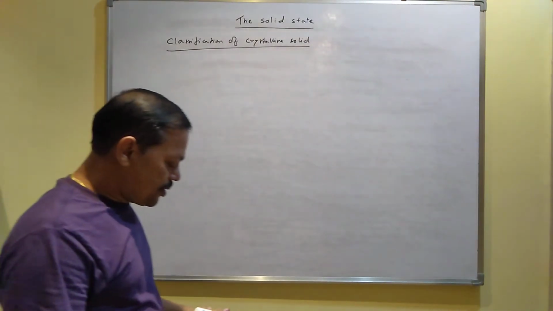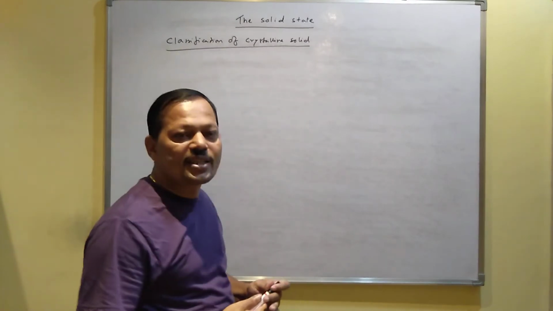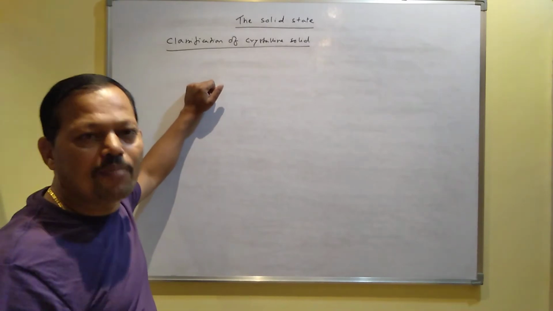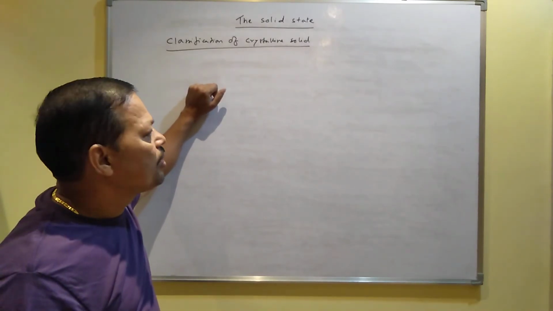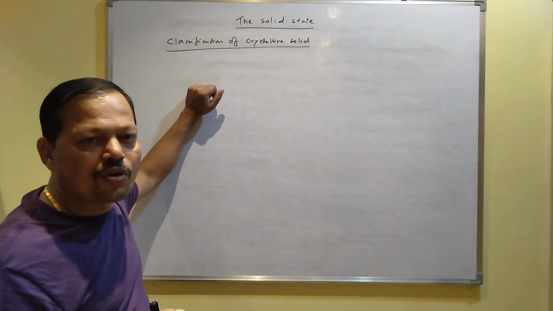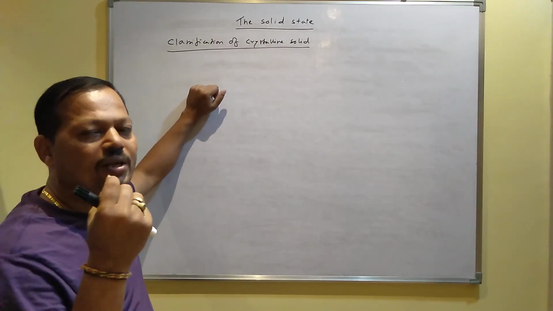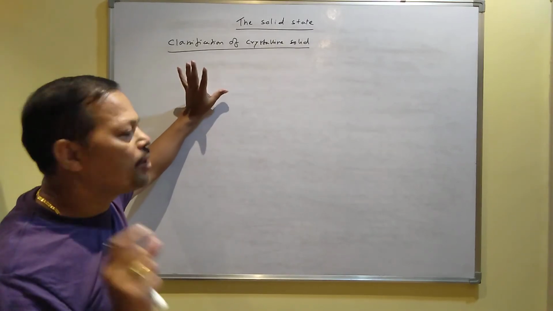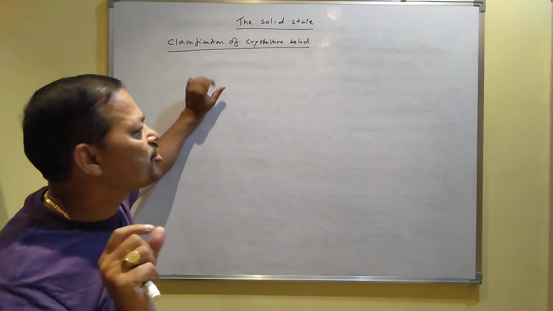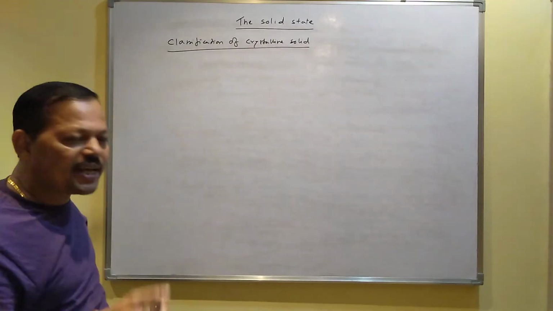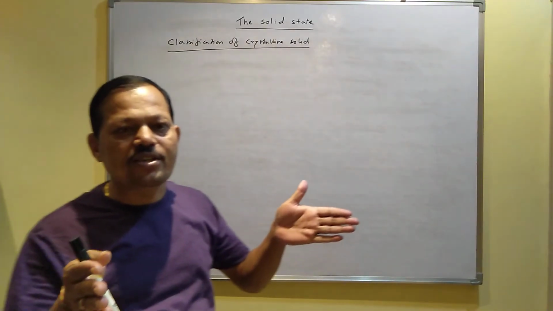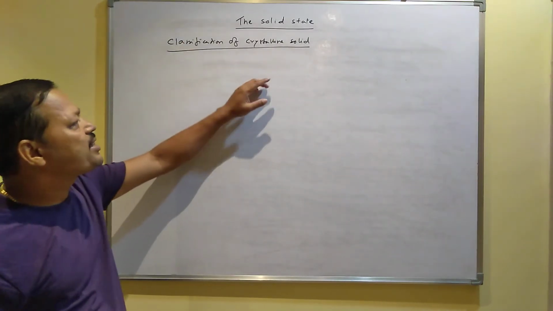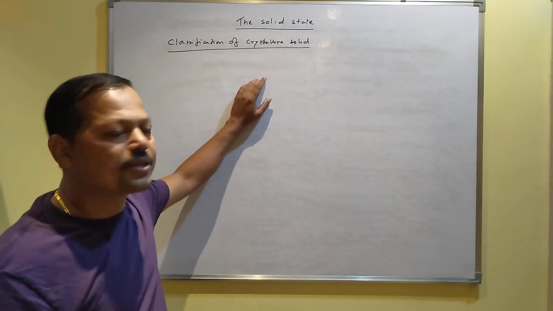Actually, crystalline solid you can classify into 4 types based on the nature of the particle. As I have told you, the particles inside the solid may be atoms, molecules, or ions, and based on that, and secondly, what type of force of attraction exists between the particles, you can classify the crystalline solid into 4 types.